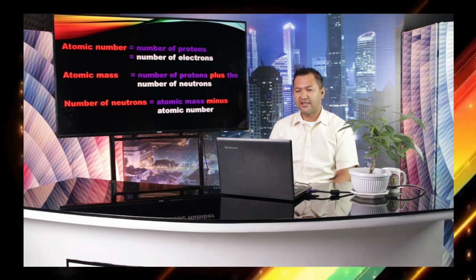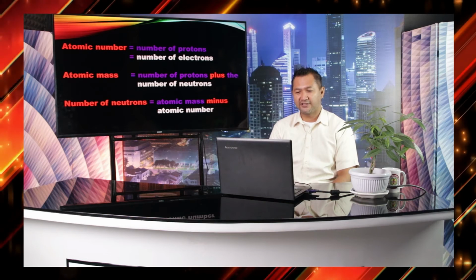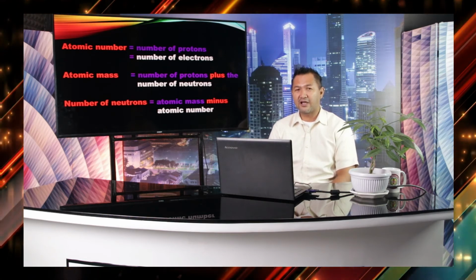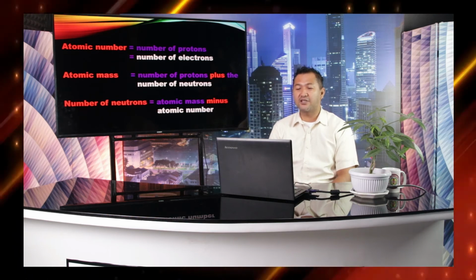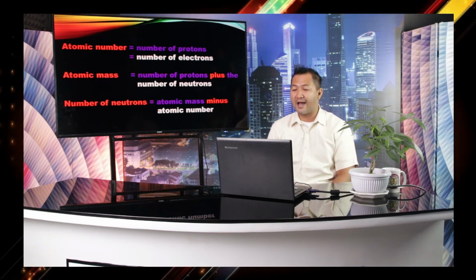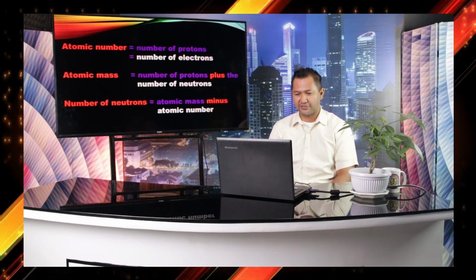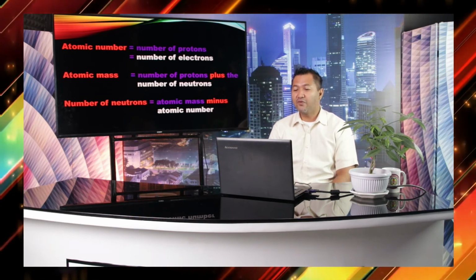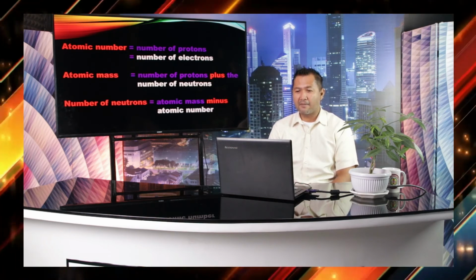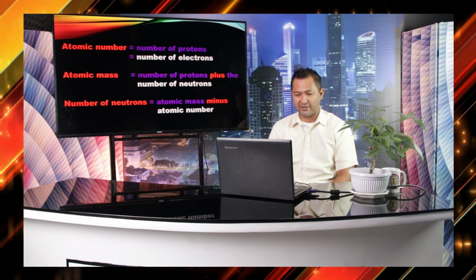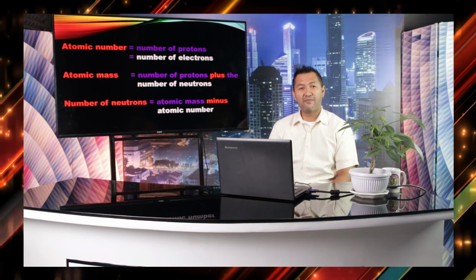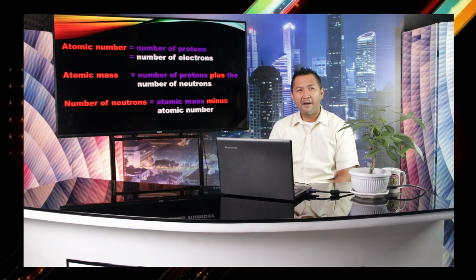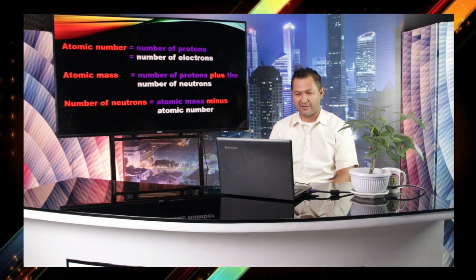Atomic mass is equal to the number of protons plus the number of neutrons. And the number of neutrons is equivalent to the atomic mass minus the atomic number.